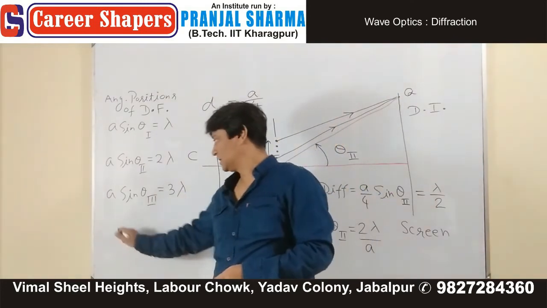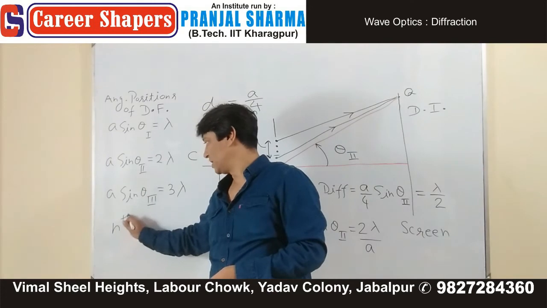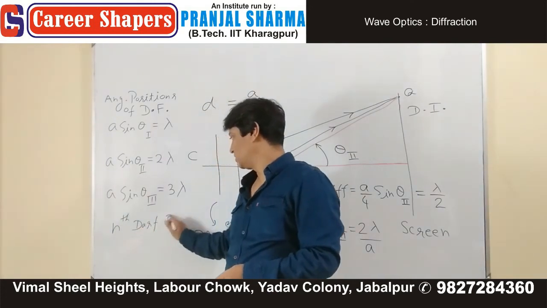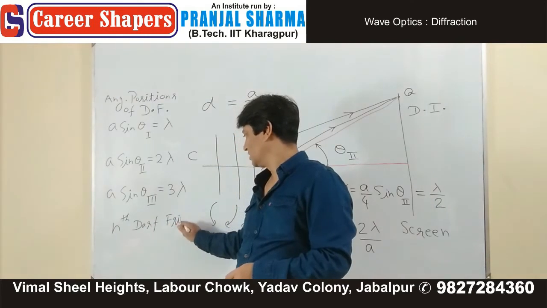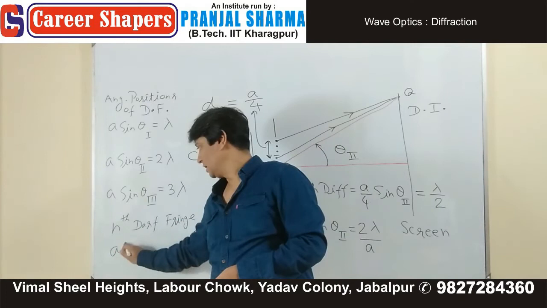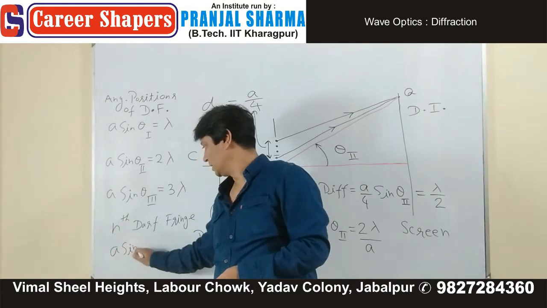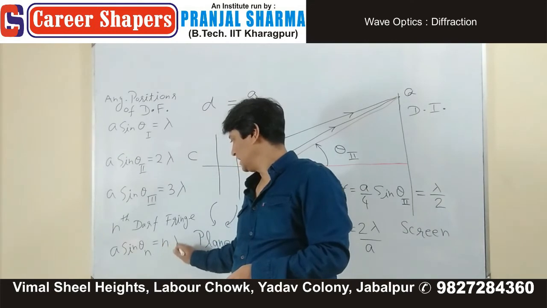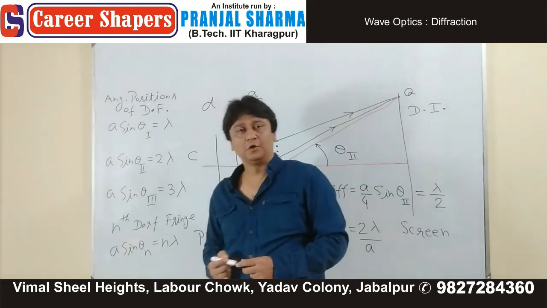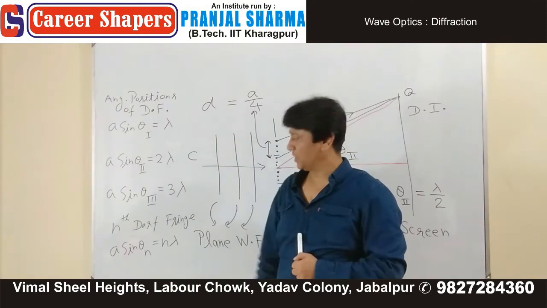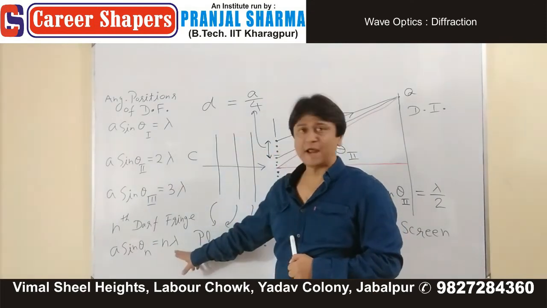That means for the nth dark fringe, it will be A sine theta n equals n lambda. So if we need the angular position of the nth dark fringe, write down n lambda.